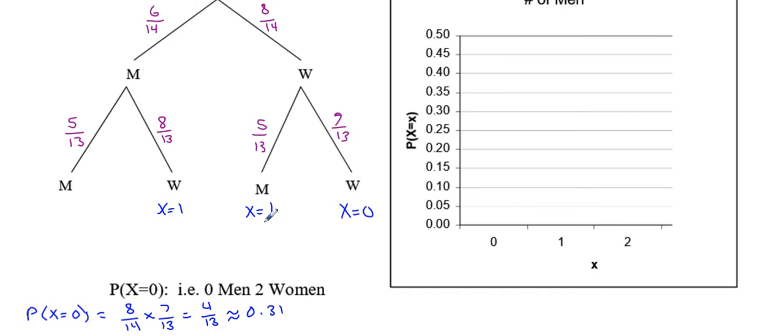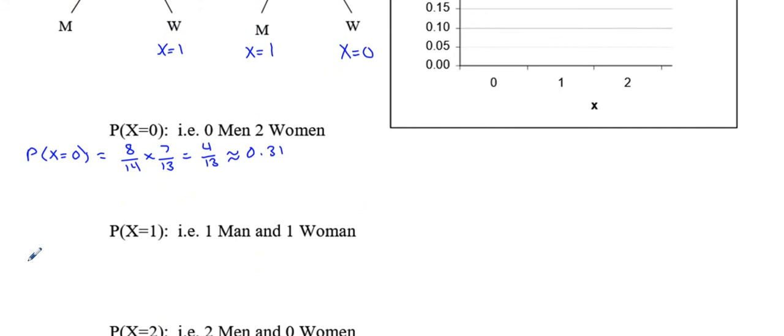So for 1 man, you could have a man-woman or a woman-man. So the probability of 1 man is man and woman, or woman and man.